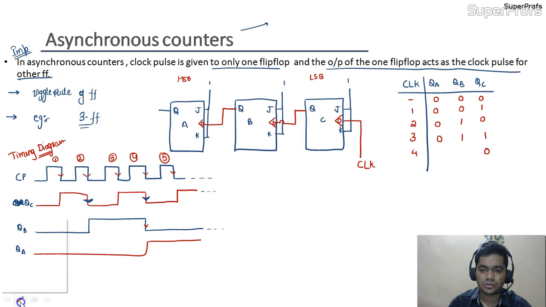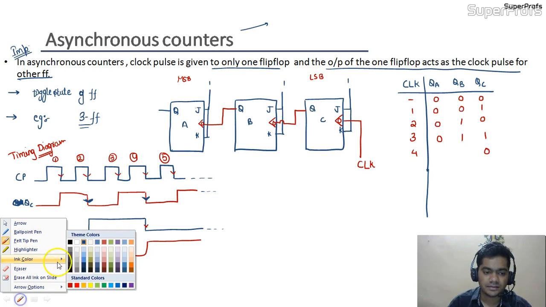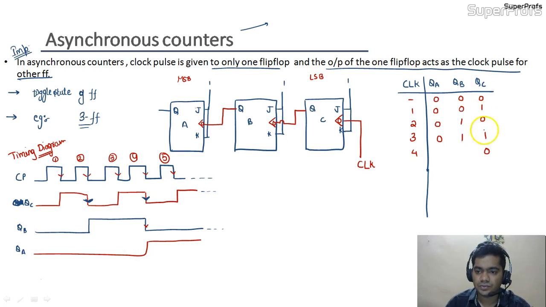So after the end of the fourth clock pulse, QC is changed from 1 to 0. It means it is a falling edge, so the output of QB would change from 1 to 0.